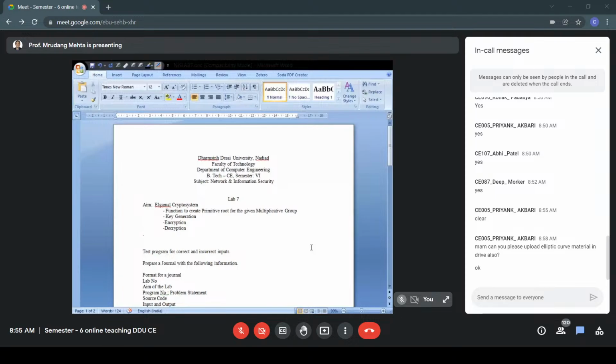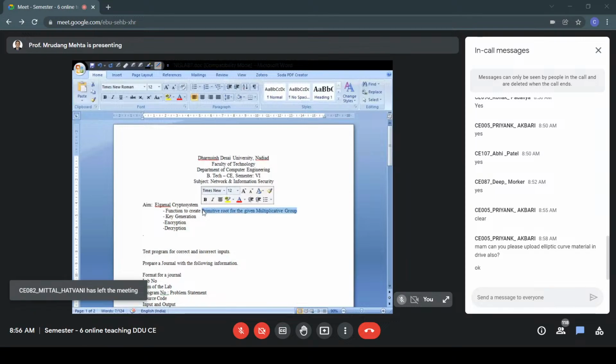This primitive root is used in the encryption and in key generation, and that is why the first task is to implement it. Second task is key generation. Third task is encryption. And fourth task is decryption. So these are the 4 tasks you are required to implement.